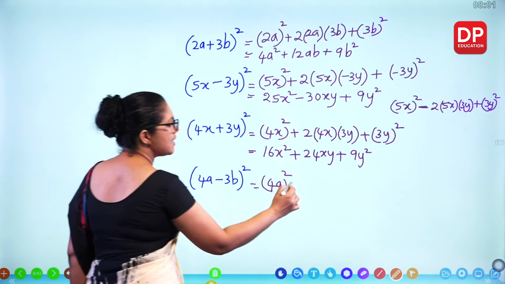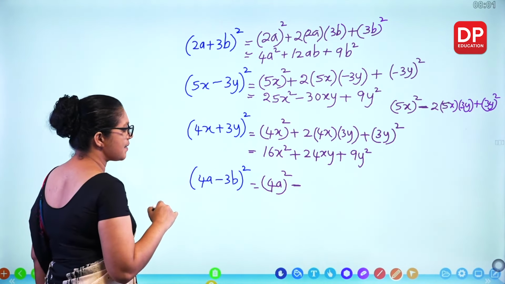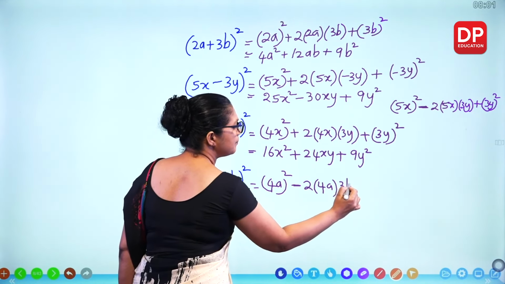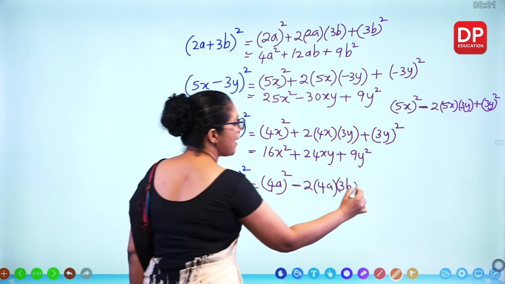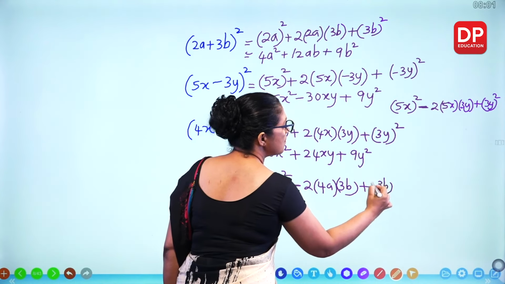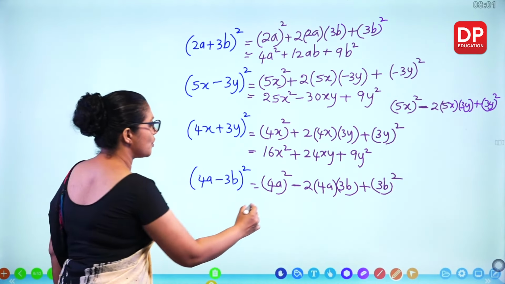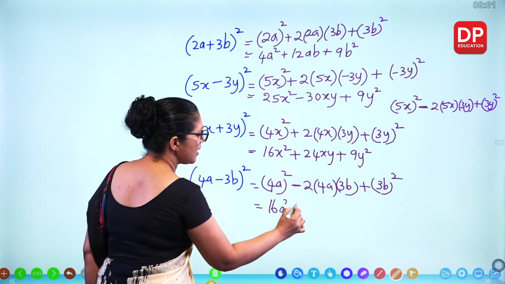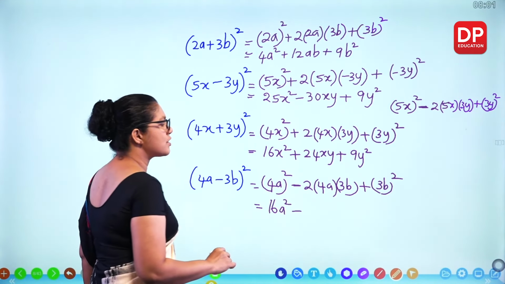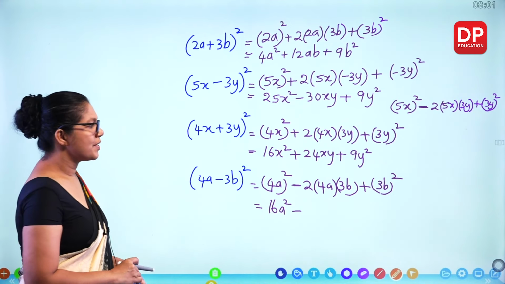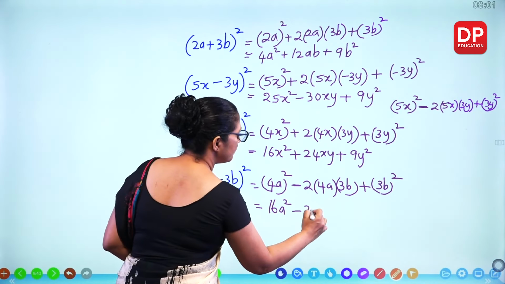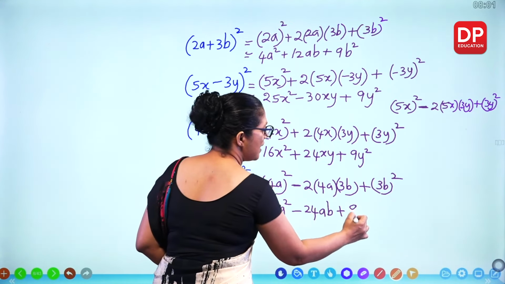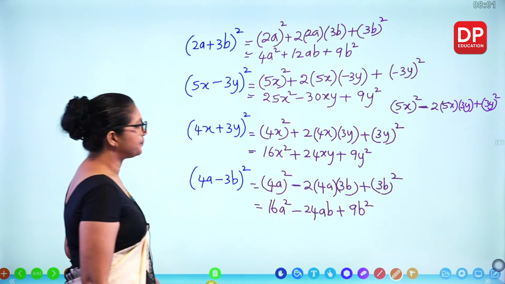This is minus, means the second term should be minus, then double of first term and the last term, and then plus last term squared. So what you get? 4 times 4, 16a squared, minus 2 times 4, 8, 8 times 3, 24ab, plus 3b times 3b, 9b squared.